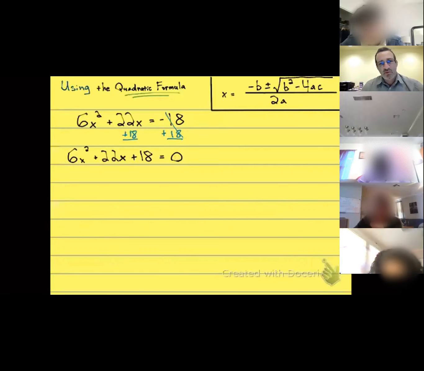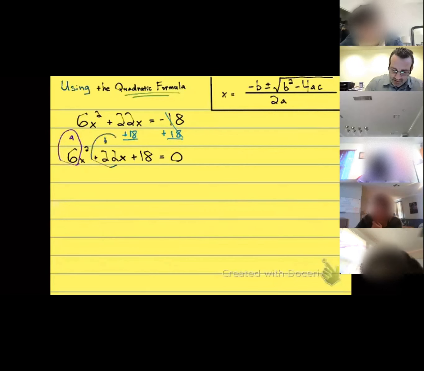And all I need to do is pick out my A, my B, and my C, and I can plug them in. What is the A for this quadratic equation? 6. Okay, the coefficient of my first term is the A. What's the B? 22, positive 22. And what is the C? Positive 18.